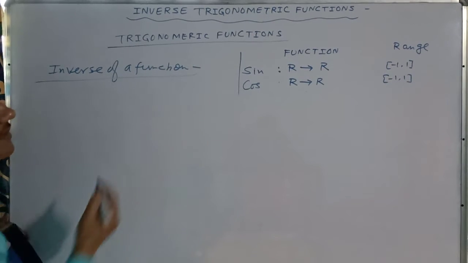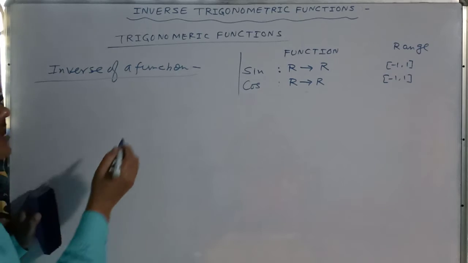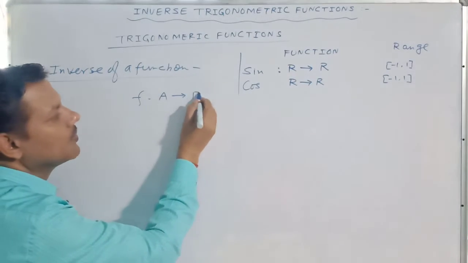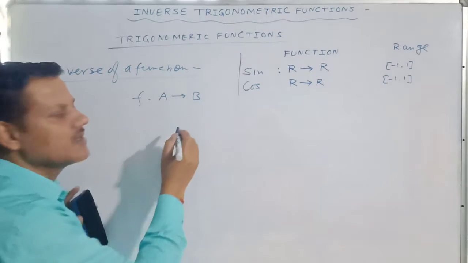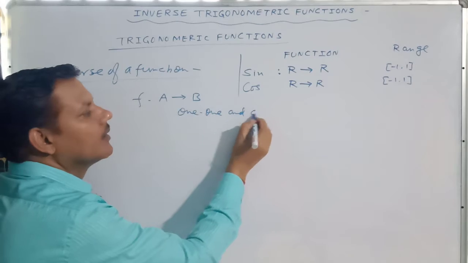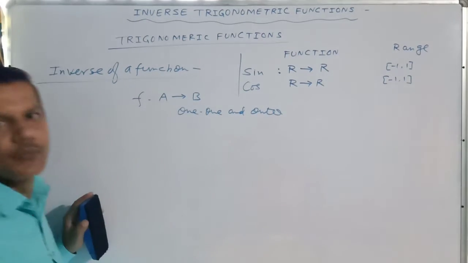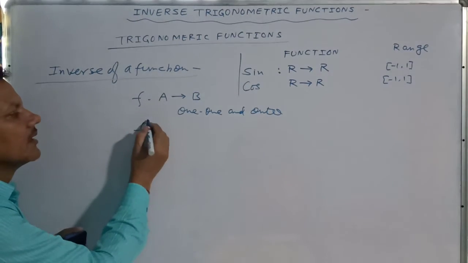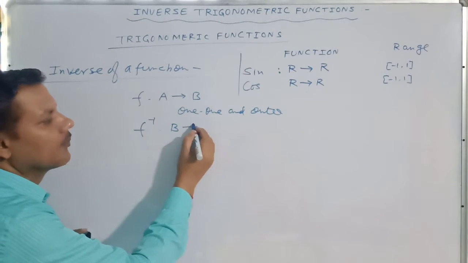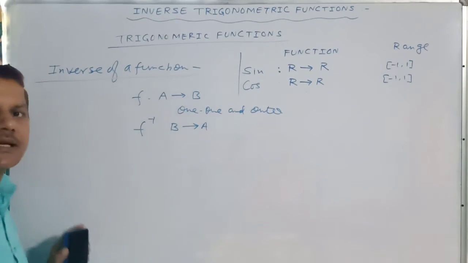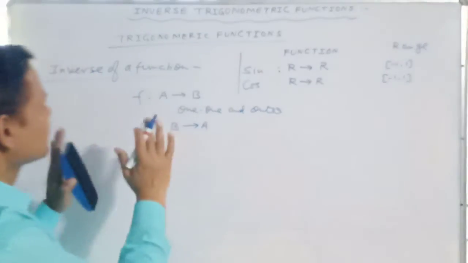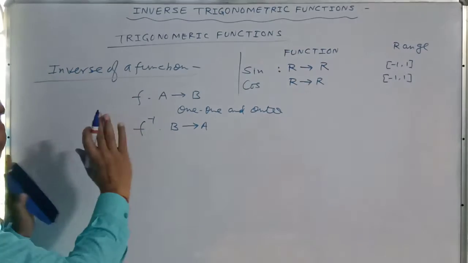As discussed in chapter 1, the inverse of a function f, which is from A to B, exists if it is one-one and onto, and this is denoted by f inverse. Then for the inverse, it is actually B to A. It means interchanging domain and codomain. This is the concept of the inverse of a function.